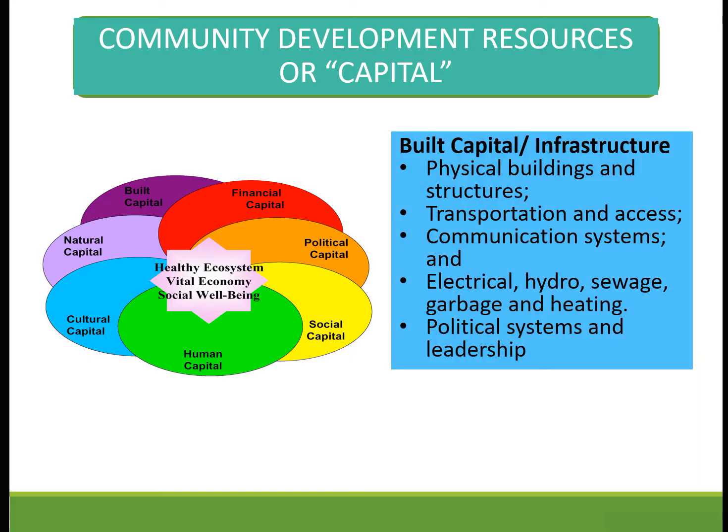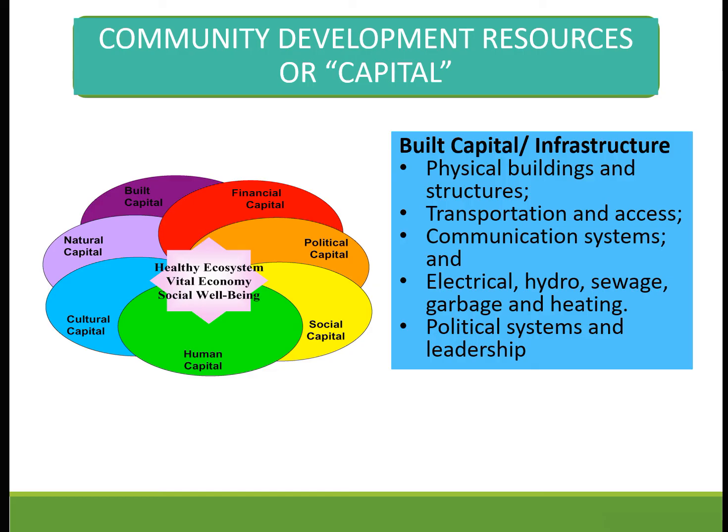Then there's built capital or infrastructure, and that's part of the resources needed to be effective in community development. These might be the physical buildings and structures. For example, does a community have a gathering place, an outside gathering place like a park?